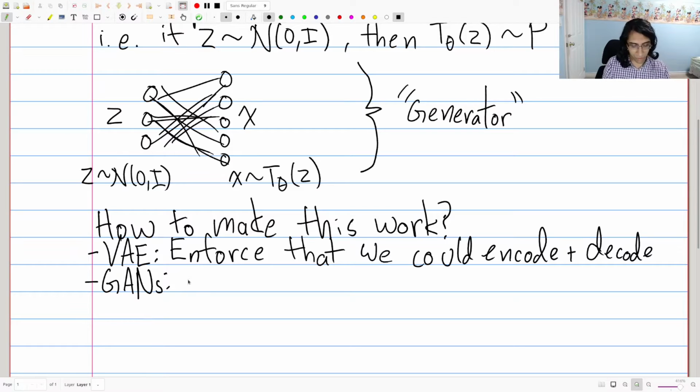So we'll say this a bit more in depth, and that's going to be kind of the main point of this lecture. But just succinctly, the idea is that GANs are going to make sure that these samples here are indistinguishable from real data.